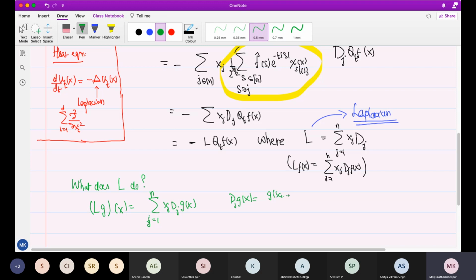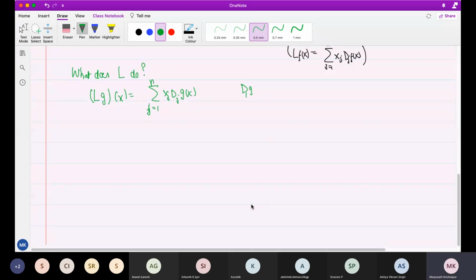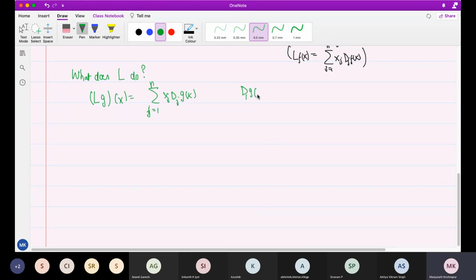Let me just write D1 for simplicity. D1 g of x is g of 1, x2 to xn, minus g of minus 1, x2 to xn, whole divided by 2.